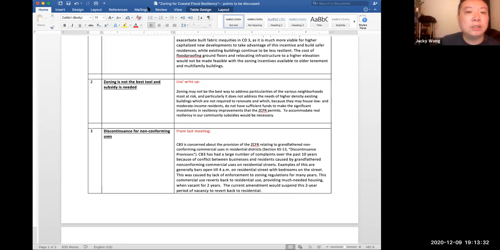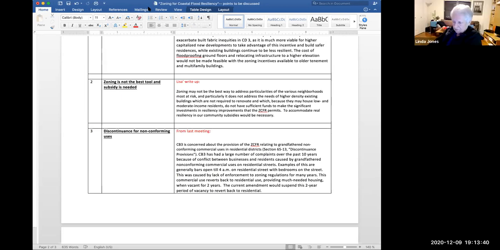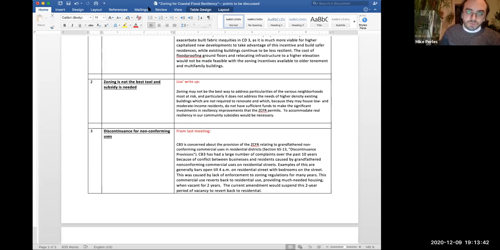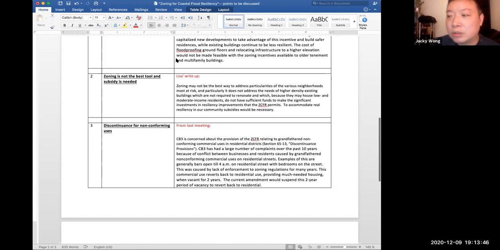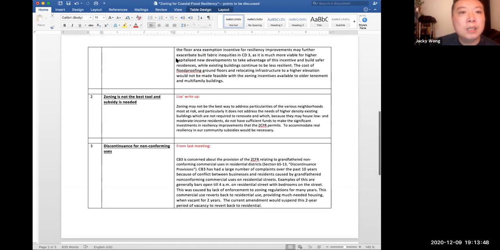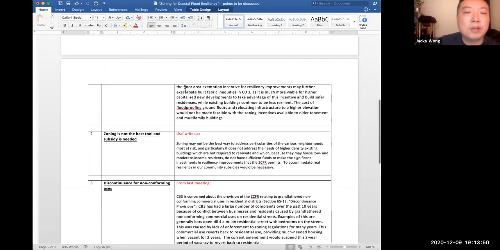If nobody wants to change the language, we just keep the entire paragraph and move on. Before I move to the non-conforming use, I want to go back to what Olympia brought up a little bit earlier.